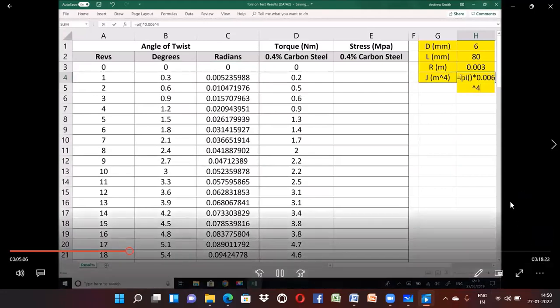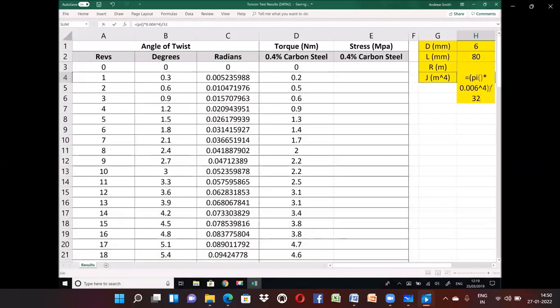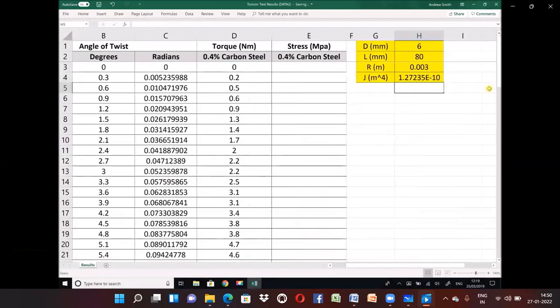And finally, we need to divide all of that by 32. Now, the way I'm going to do that is by putting a bracket in front of pi. I'm going to put a bracket after to the power 4, and then divide by 32. So pi d to the 4th over 32 gives us a J value of 1.272 times 10 to the minus 10 meters to the 4th.